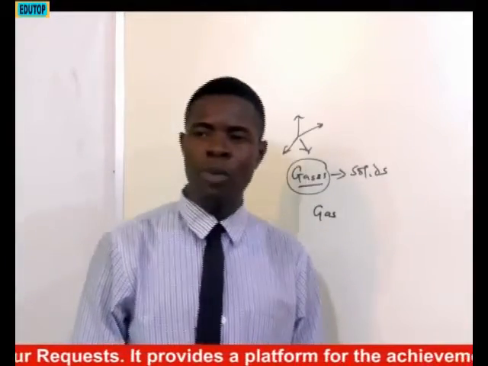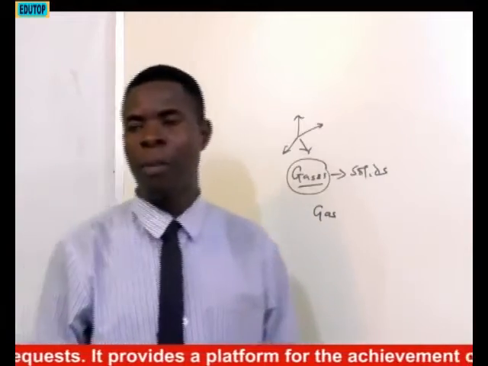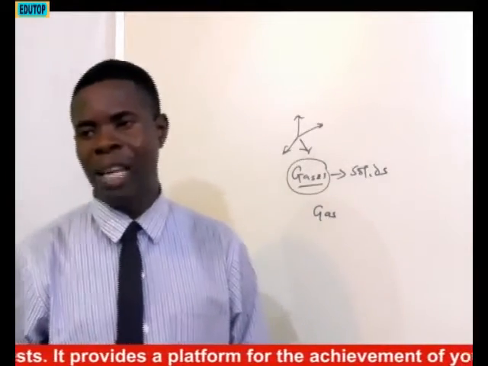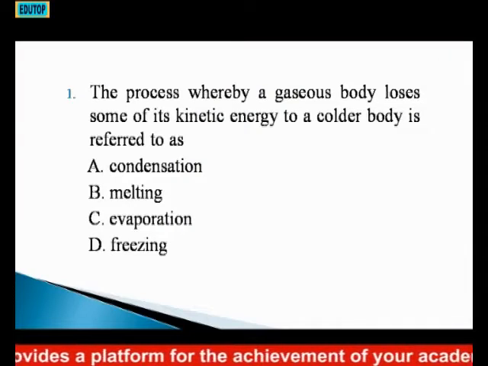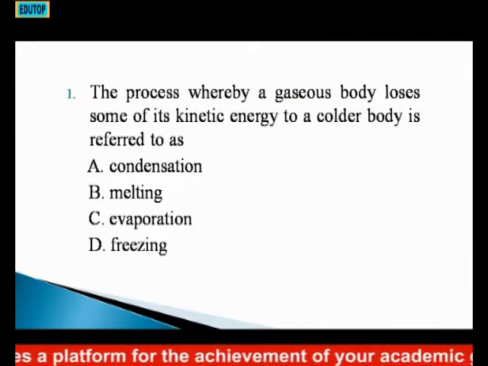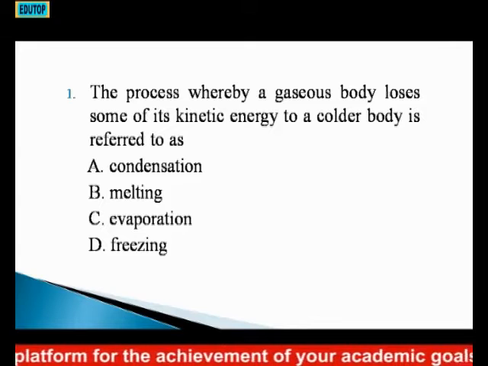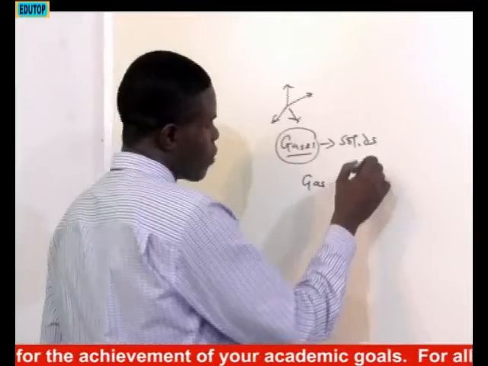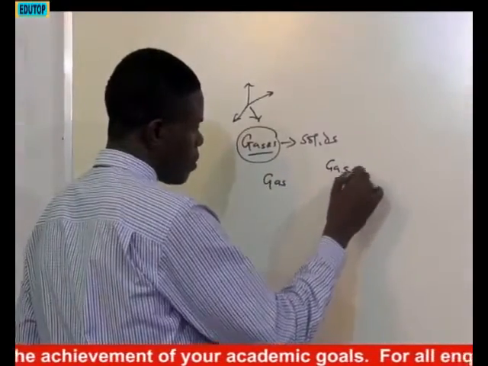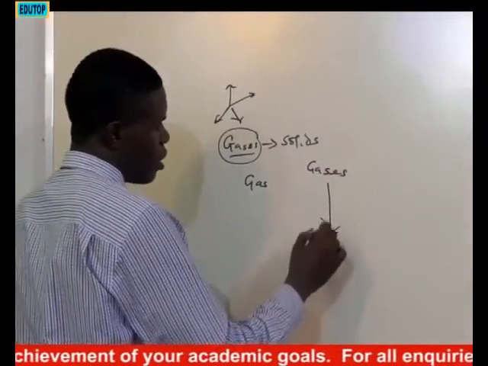You can see how we've been able to use the knowledge of kinetic theory of matter to determine our answer. So the answer there will be B. Then question 2. The process whereby a gaseous molecule loses some of its kinetic energy to a colder body is referred to as, remember, I told you that in change of state, you have gases moving to what?